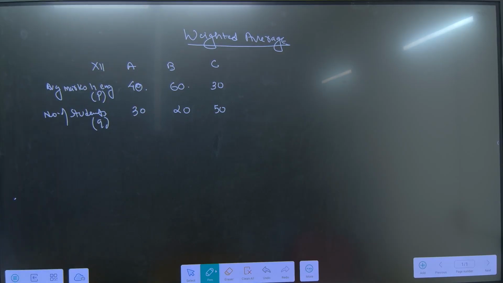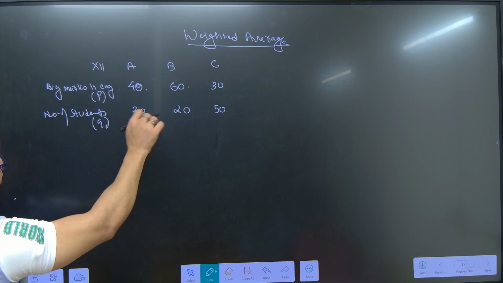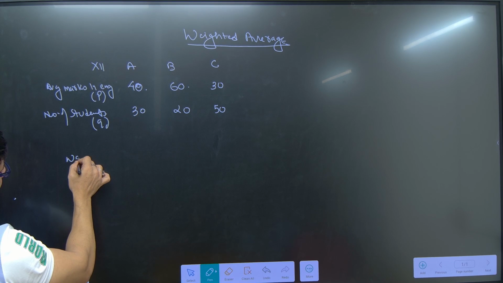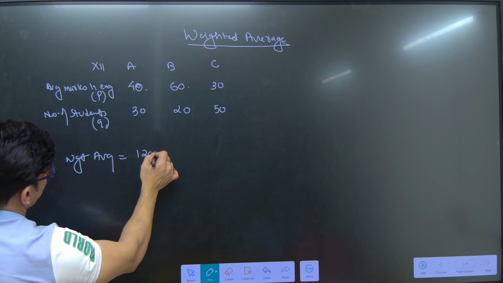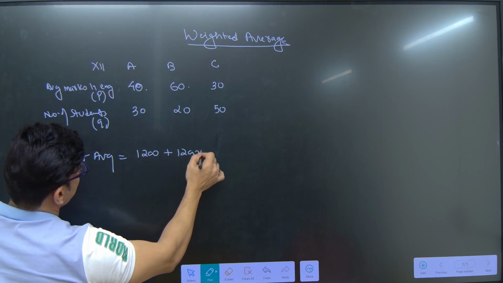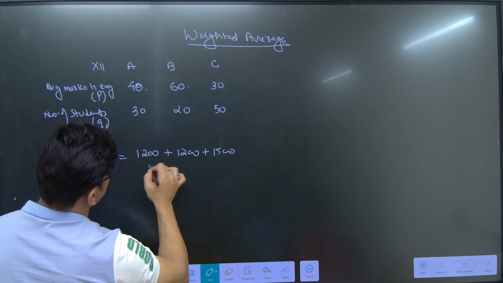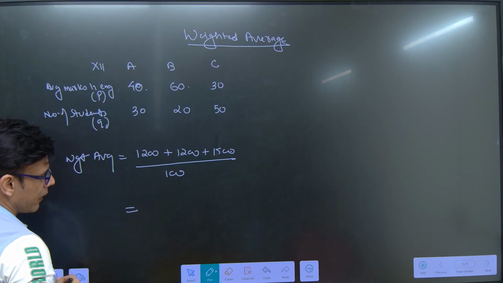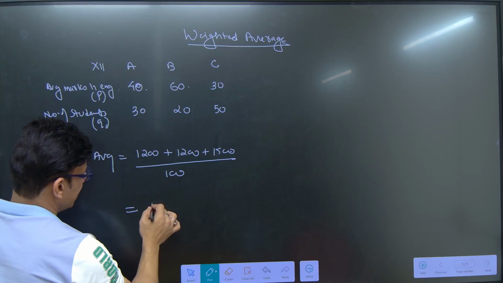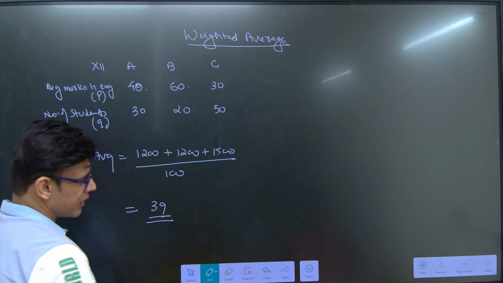Then what will be the weighted average? The formula will be extended for weighted average. How much? 1200 plus 1200 plus 500 divided by 100. How much will this be? 39 is the average, right?